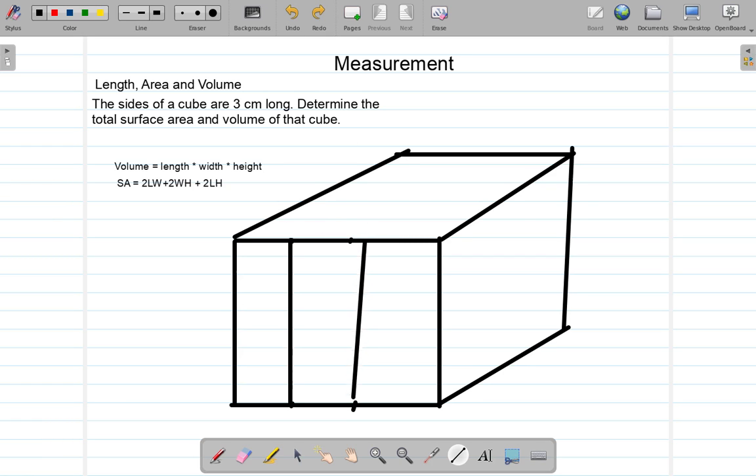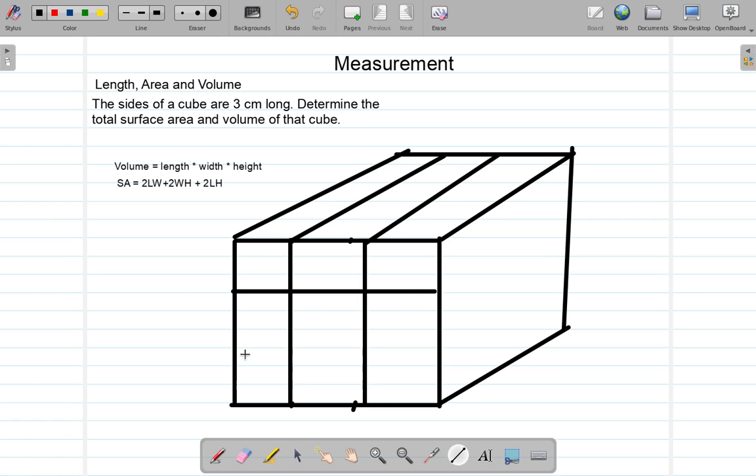Let's put it here. It looks more like it. Then let us divide the width into 3 centimeters and the height into 3 centimeters. Let's draw lines to divide it up.